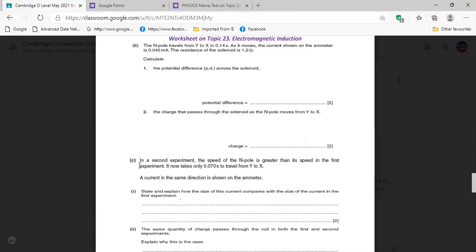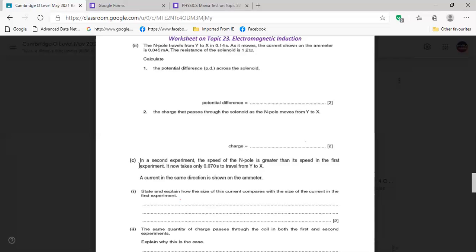Okay, so it will double. Can you listen? Our size of the current will be more, right? Do we need to write more, or comparatively or relatively, something like that? They are relating it with the first one and the second experiment.